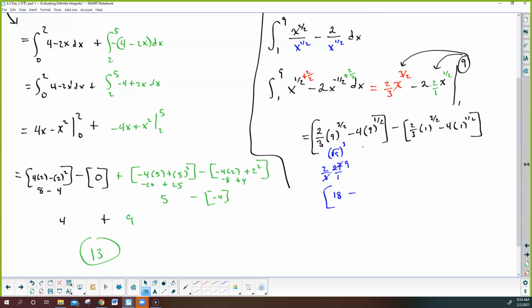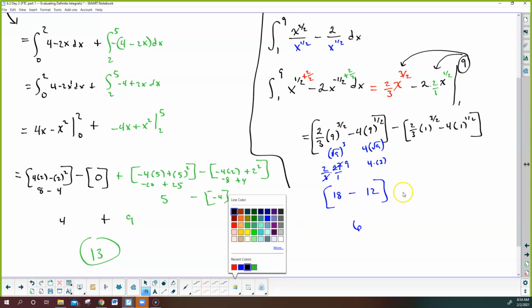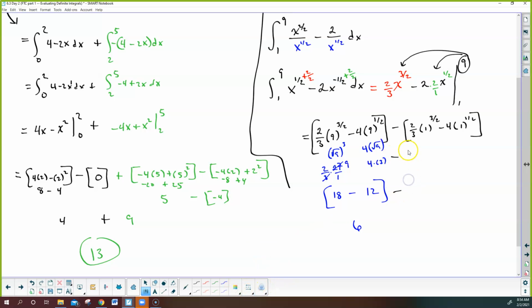And then I'm going to do the same work here. The square root of 9 is the same as 9 to the 1/2. And that comes to 4 times 3, so 12. So the first upper bound reduces down to give me 6. Nothing special there. And then we're subtracting.